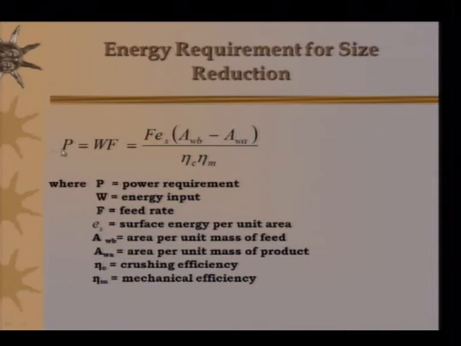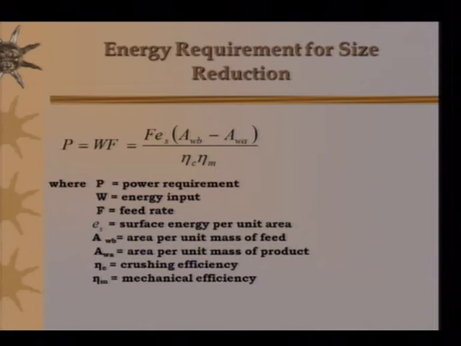The energy requirement for size reduction can be calculated with this formula: P = WF = F E_S (A_WB - A_WA) / (N_C N_M), where P is the power requirement, W is the energy input, F is the feed rate, E_S is the surface energy per unit area, A_WB is the area per unit mass of the feed, and A_WA is the area per unit mass of product. N_C is the crushing efficiency and N_M is the mechanical efficiency.